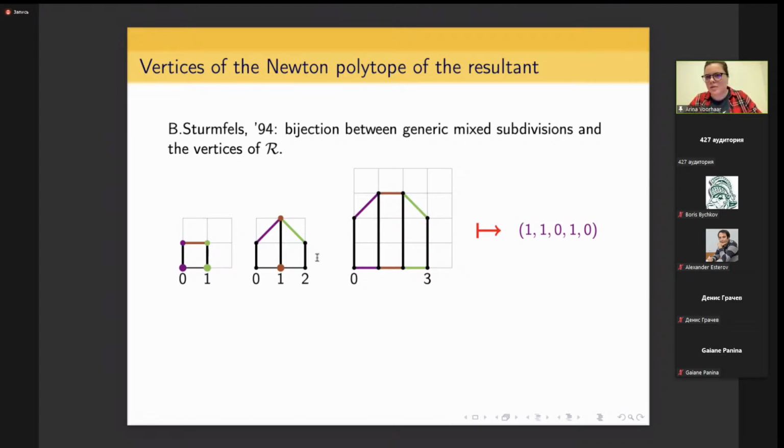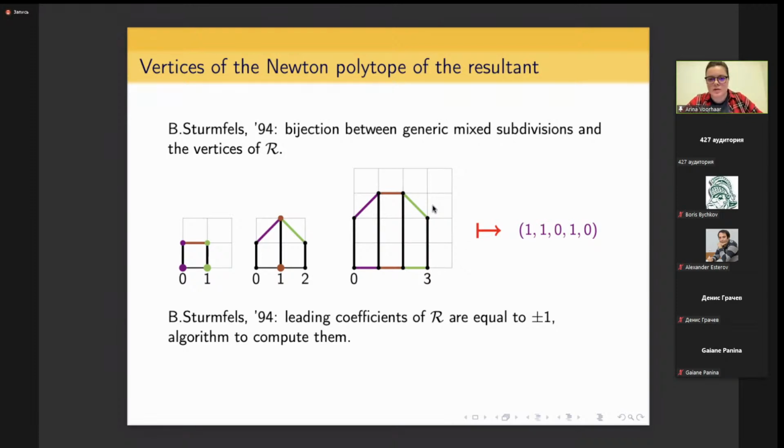I sometimes will call them tens. And then each of the tens and the Minkowski sums will have a different shape, a different union of different trapezoids. Enumerating all possible types of these shapes, one can describe the vertices of the Newton polytope one by one. And that's how we restore it.